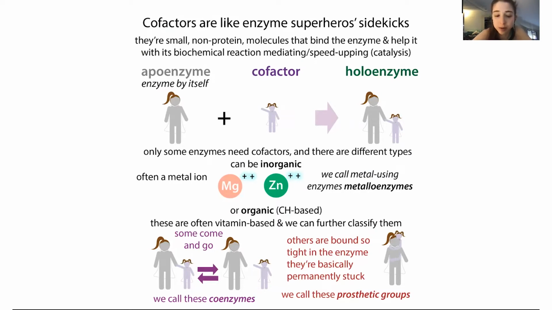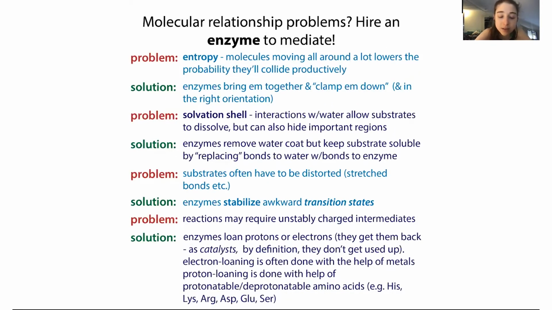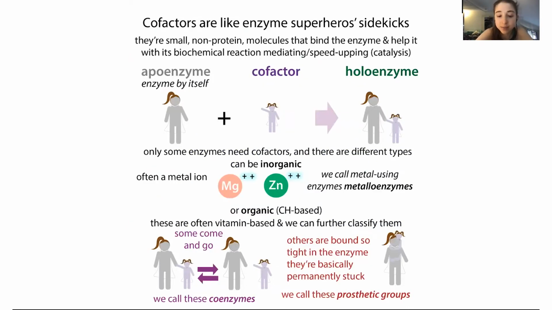The coenzymes we're going to see are largely vitamin based, and together they add extra functionality to the enzyme. The amino acids give it a lot of functionality, having different amino acids, but sometimes you want a little more help, for example, to give and take electrons and that sort of thing. That's where having these coenzymes can really be helpful.